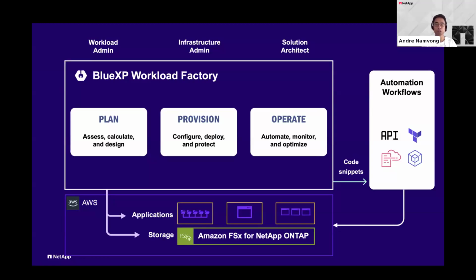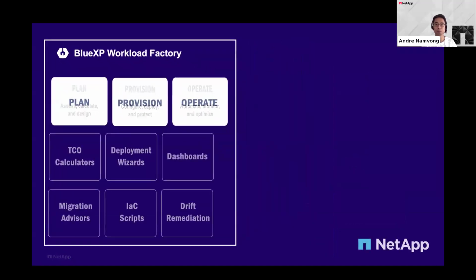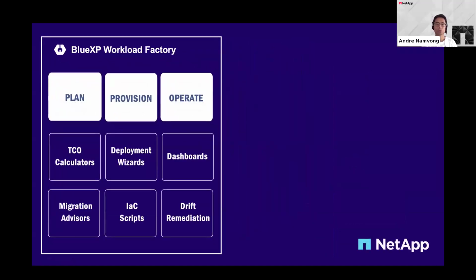So in a nutshell, what are the main characteristics of this service? As I said, many features. The TCO calculators that are embedded in order for you to estimate the savings that you can get compared to other services. Deployment wizards, a dashboard that will show you different metrics such as capacity used, CPU, latency.